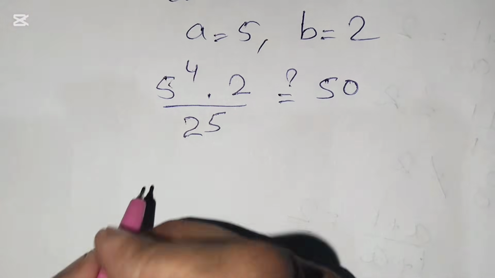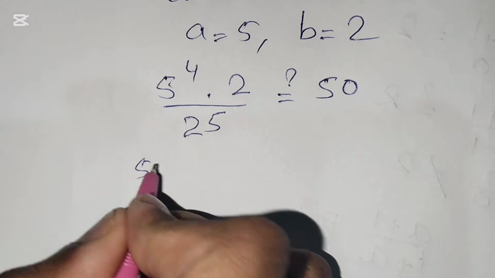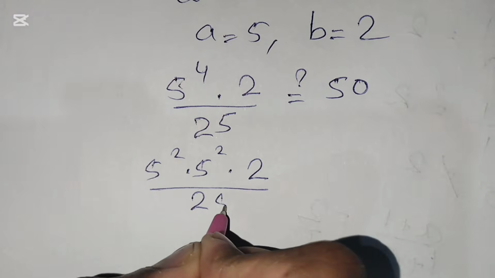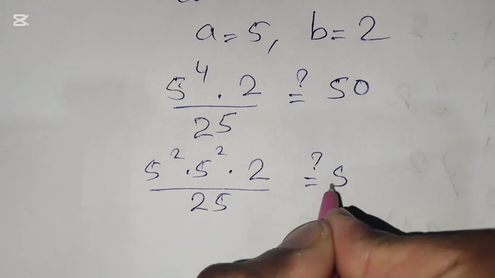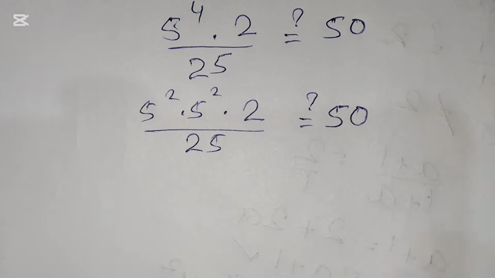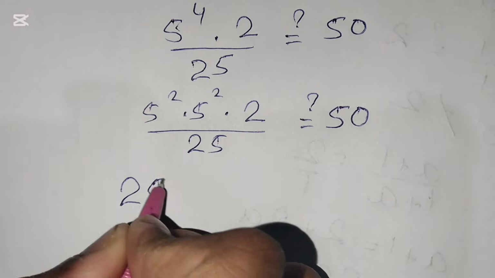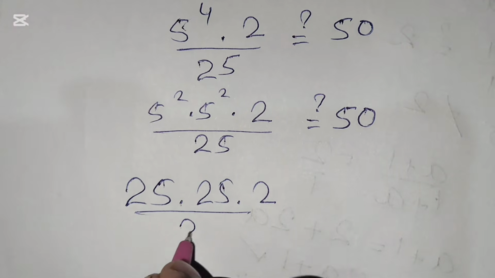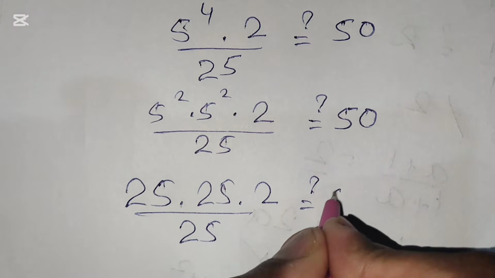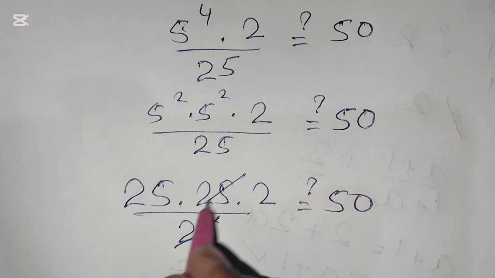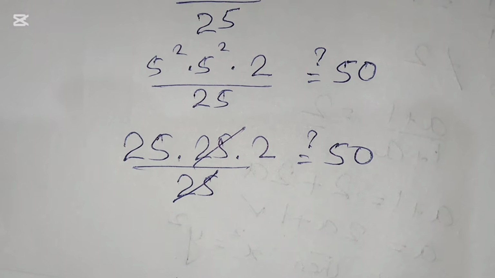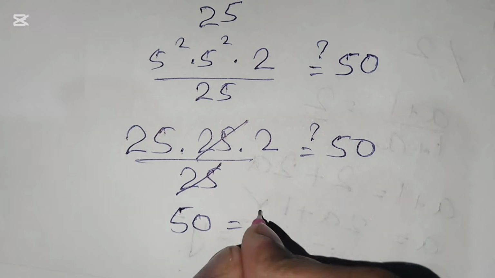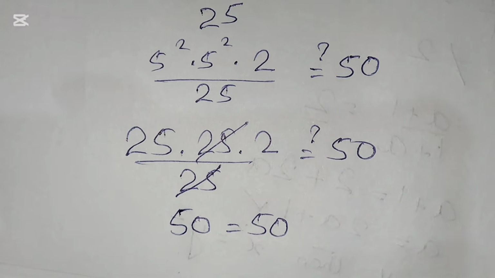Now we can write this 5 power 4 as 5 square times 5 square, times 2 over 25 equals 50. 5 square is 25, so 25 times 25 times 2 over 25 equals 50. 25 cancels with 25, and 25 into 2 is 50, which is equal to 50.